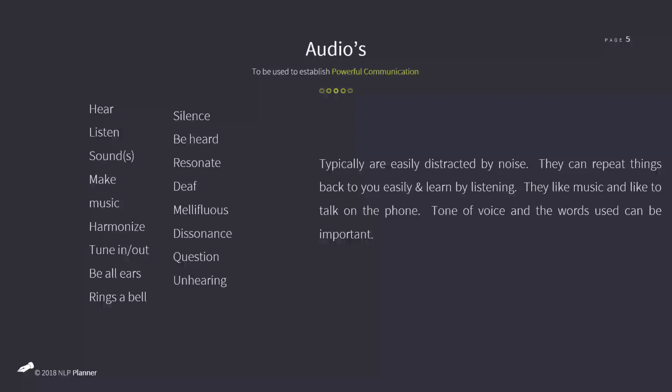I do not know what's wrong with him, right? But when it came to this NLP training, he was all ears, right? Does it ring a bell? If someone is constantly using this set of words, you know that person is an auditory person. Now, so this is more about auditory people.